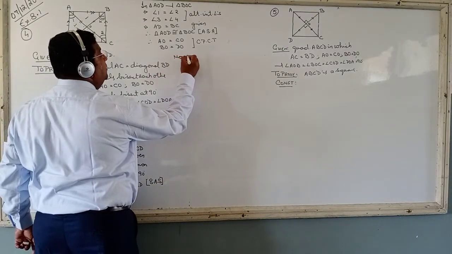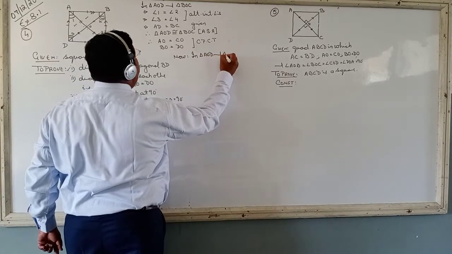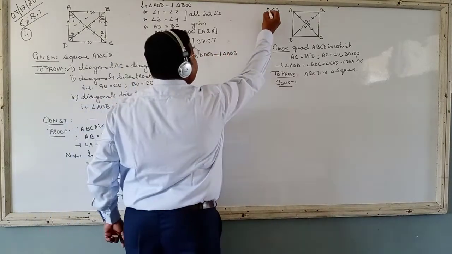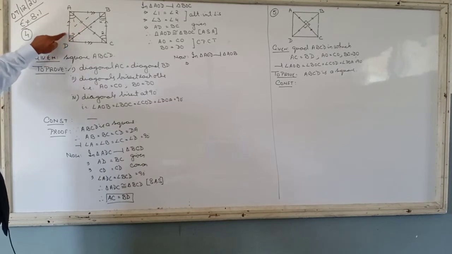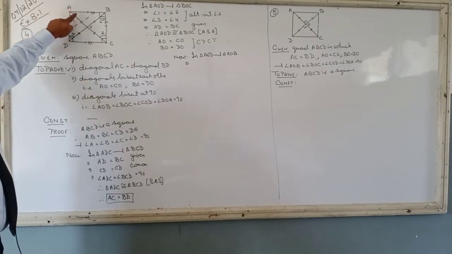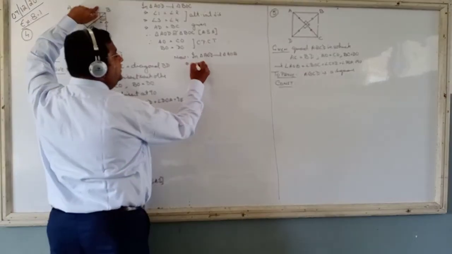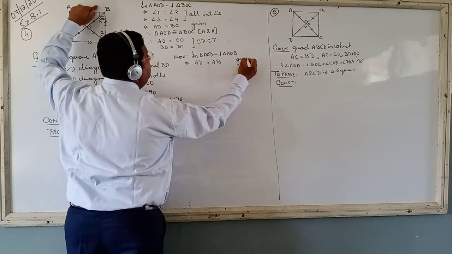Now, in triangle AOD and triangle AOB, AD equals AB, opposite sides of a square, given to us.